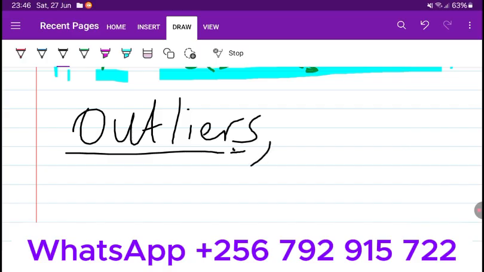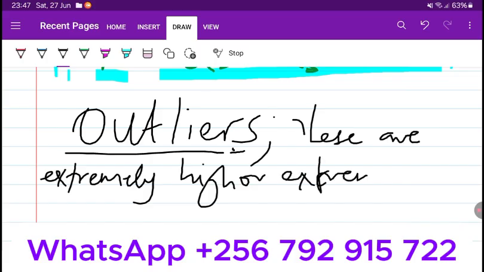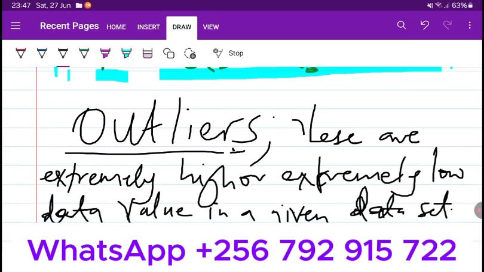Of course, outliers, these are extremely high or extremely low data values in a given data set.